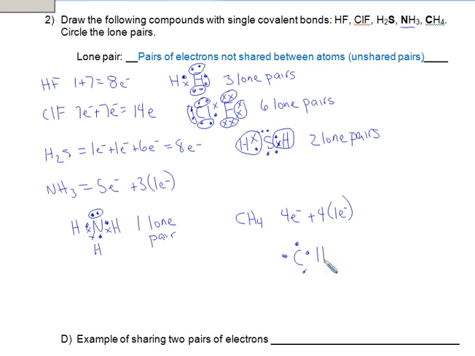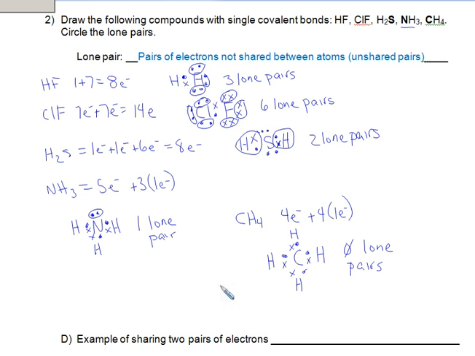Each hydrogen contributes 1 valence electron. Notice in this case we have no lone pairs. All of the valence electrons are involved in single covalent bonds.